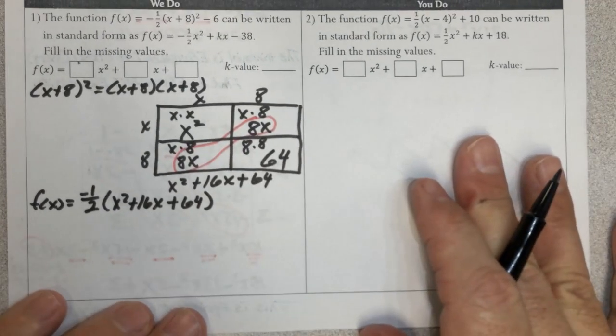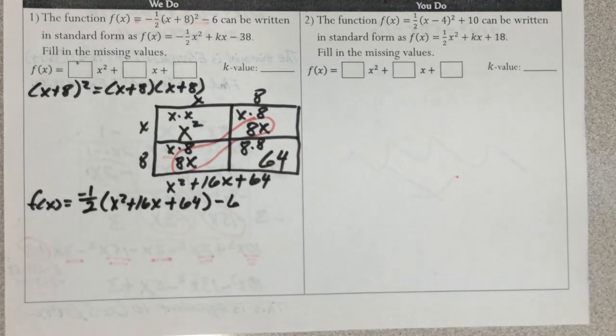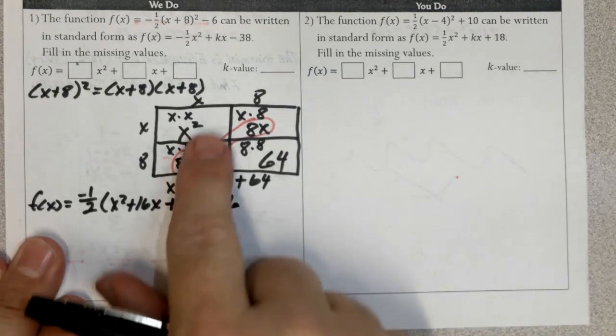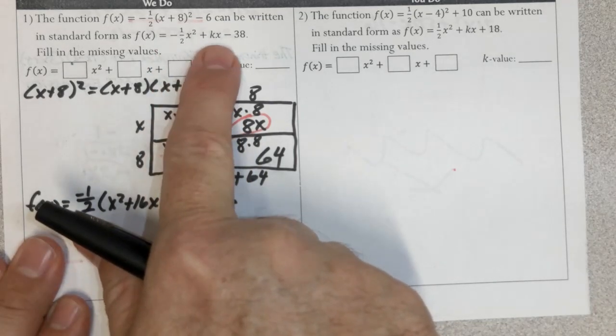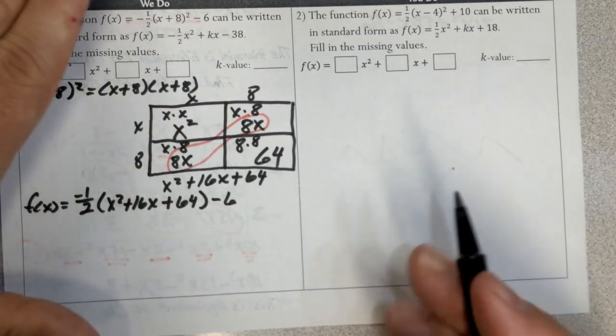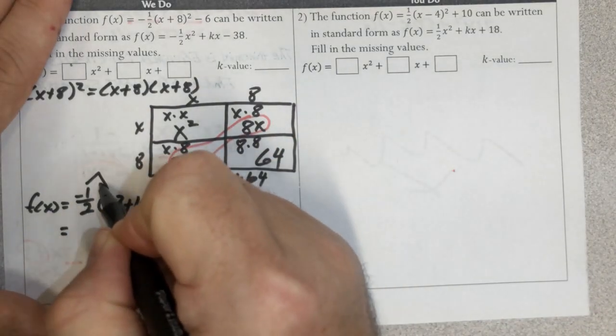Okay. So notice we're getting closer and closer to this trinomial. But notice this trinomial in standard form has no parentheses. So our next step here, we are going to distribute.